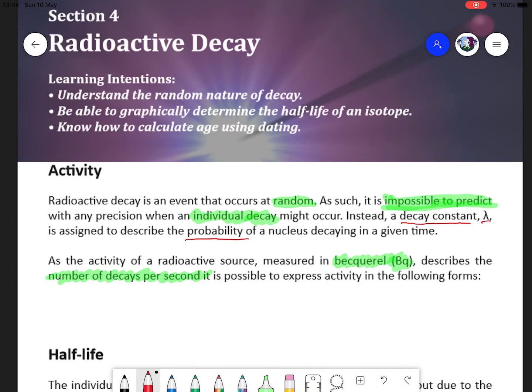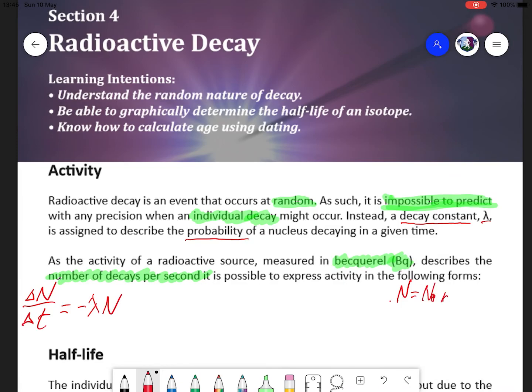In terms of mathematics, there's quite a few different small equations that link together to allow us to understand activity. The first of which, listed on your equation sheet, is delta N over delta t, giving you minus lambda N. Now, N represents the number of nuclei, usually the number of nuclei present or remaining.